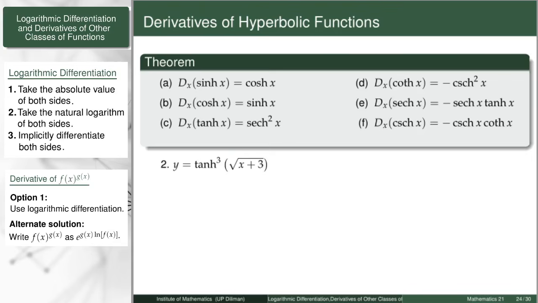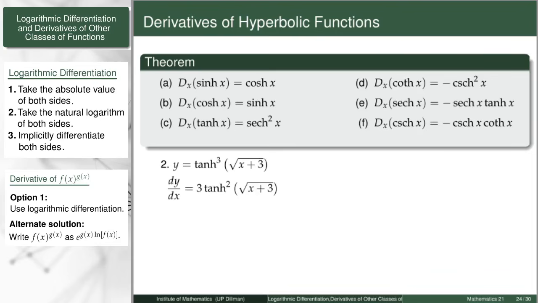We also have the same technique or same logic whenever we deal with powers, because similar to the circular functions, the hyperbolic function powers will actually occur after the function itself. For example, if I want to get the derivative of tanh cube of square root of x plus 3, the first or the outermost operation in applying chain rule here would be the cube.